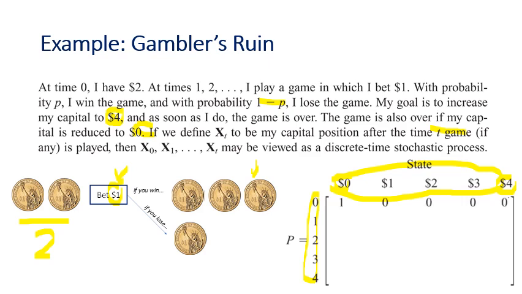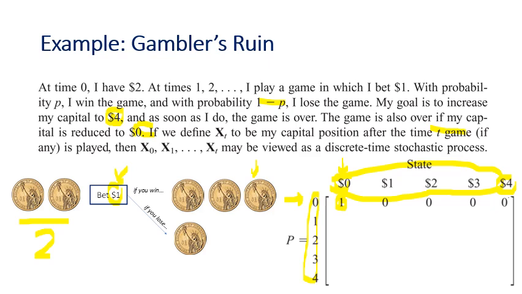If you have already lost all your money, so this is your current condition, your next condition is still $0, right? So the probability here is 1, because you cannot play the game anymore. If you have no money at time t, then at time t plus 1, your state of money is still $0.